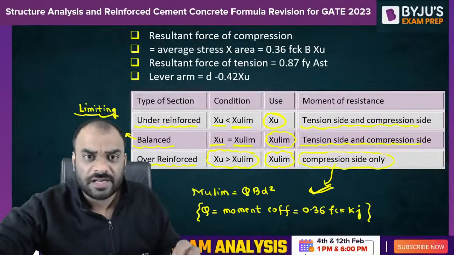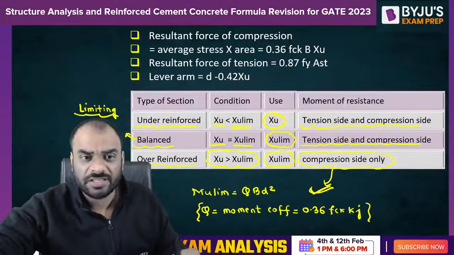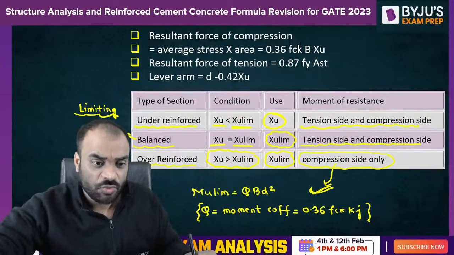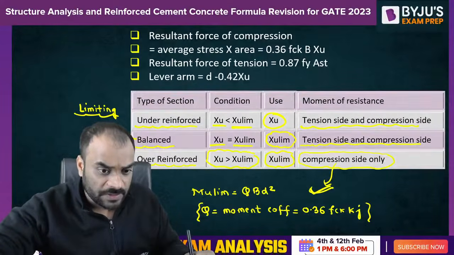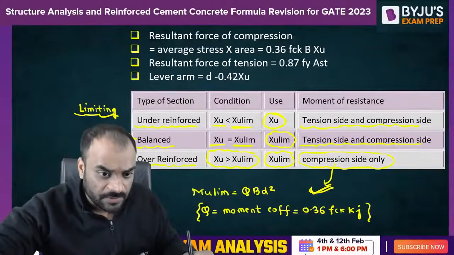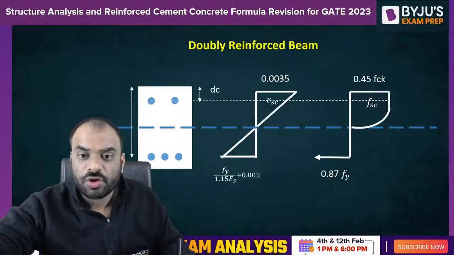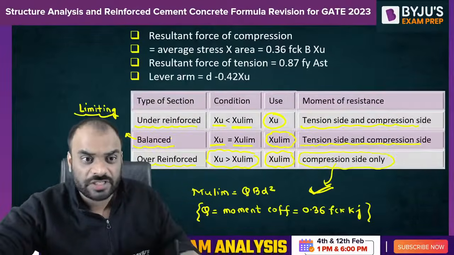There are some standard grades of concrete and standard grades of steel which they can mostly ask in the examination. So please remember some of the standard values which I want to explain over here.